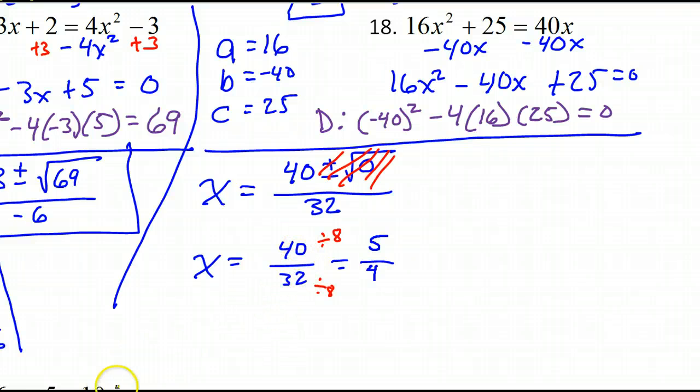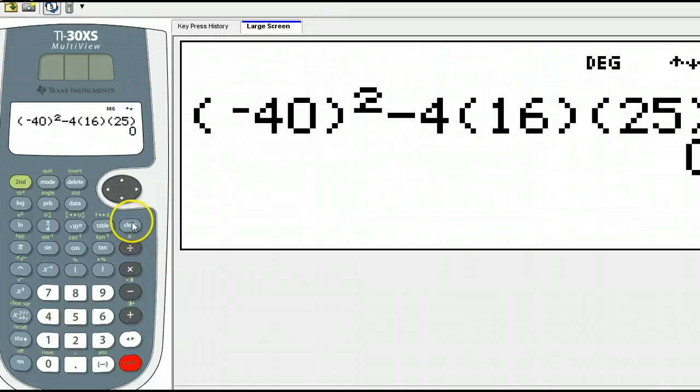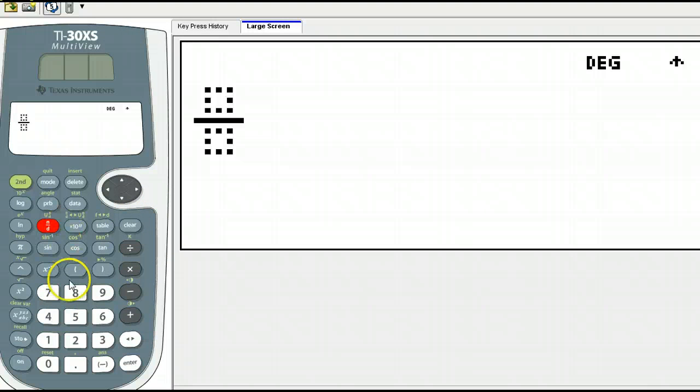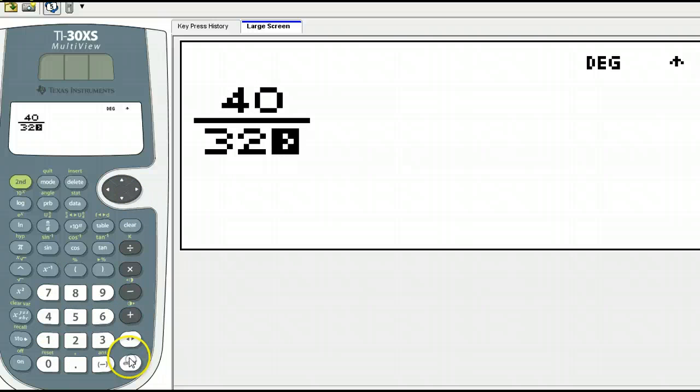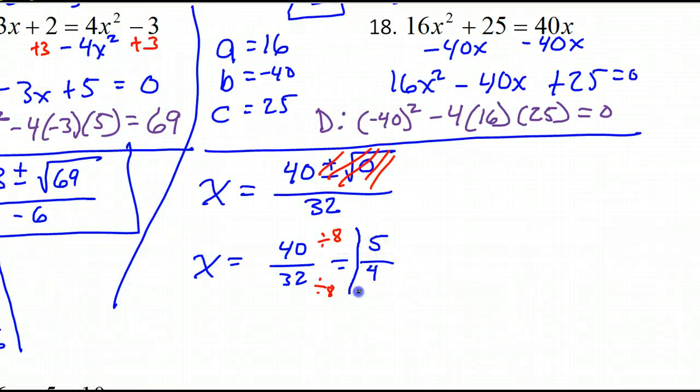So 40 over 32. You should learn those, by the way. It's not too late. Okay, just get some flashcards. You can use your phone. So 40 over 32. Boom, 5 over 4. Okay, that is the one solution to number 18.